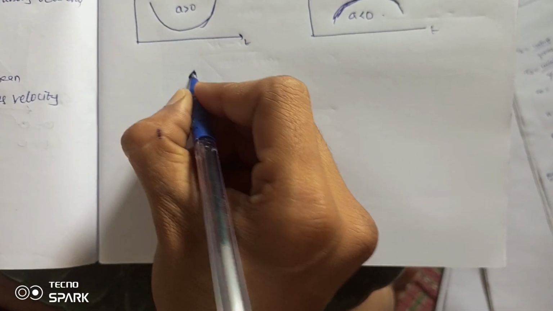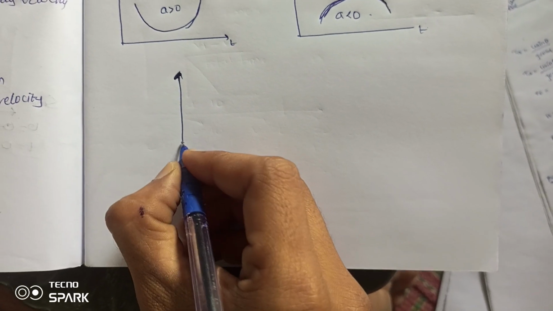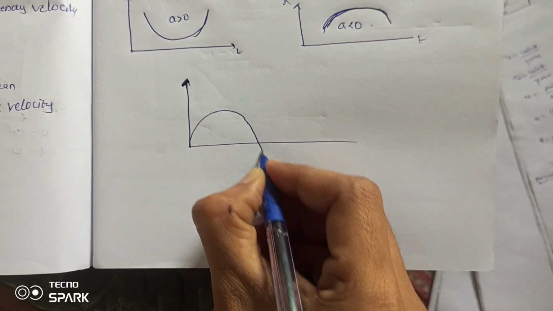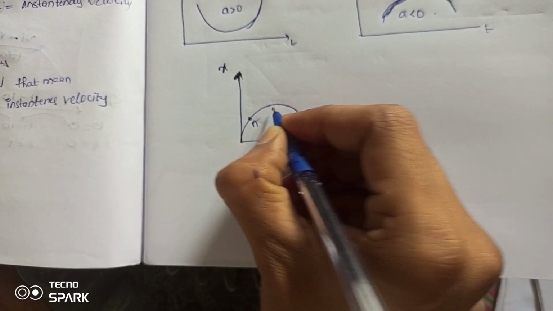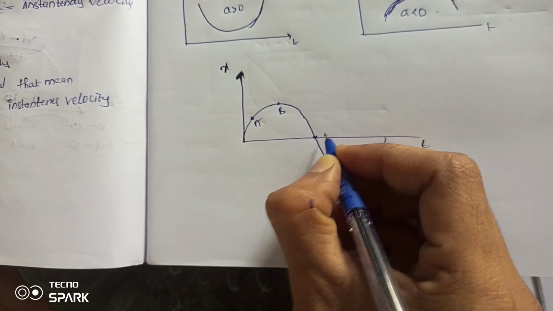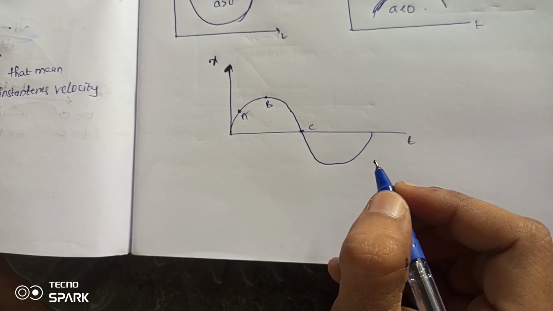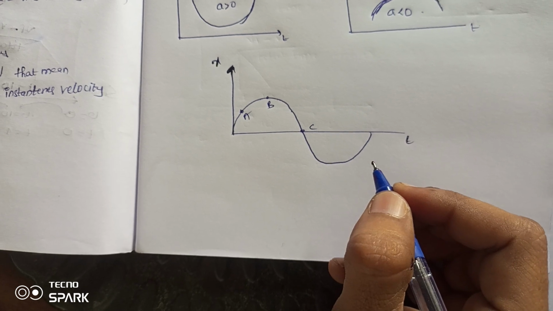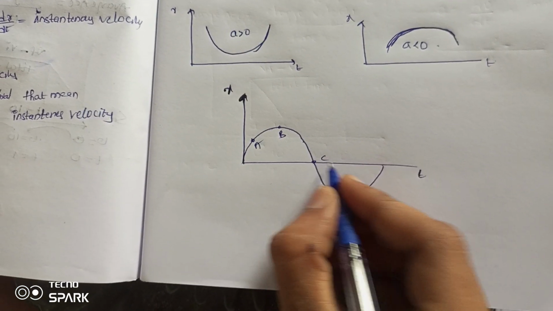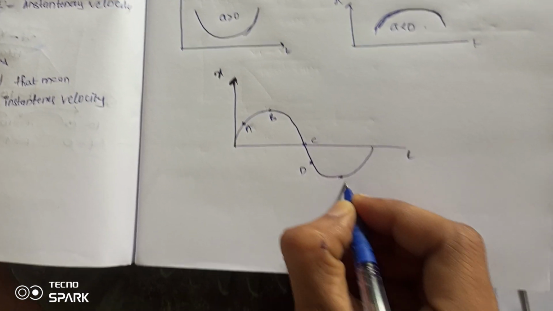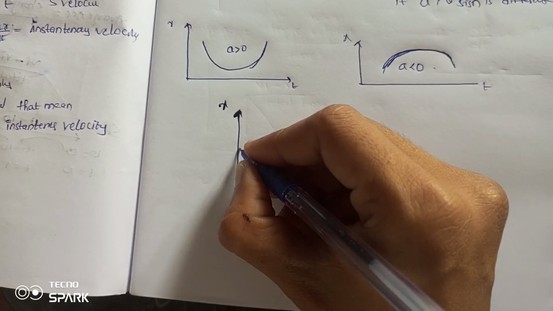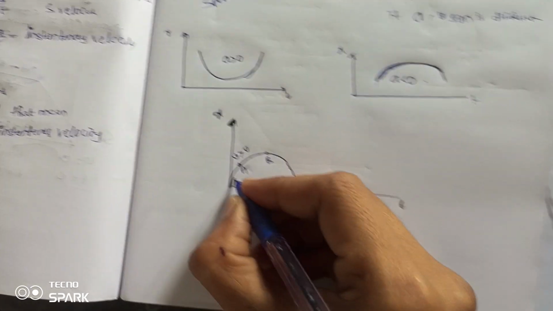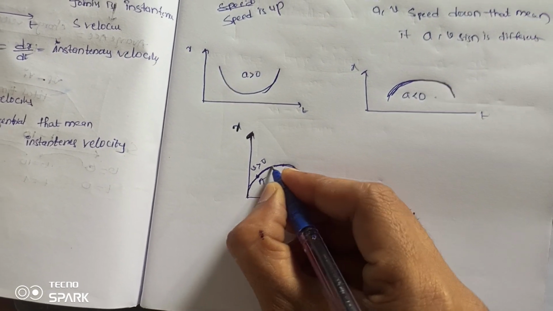Suppose a small example. It is the position and time graph. Draw points A, B and C, D, E, F. Here the velocity will be positive and the graph will be in this shape.